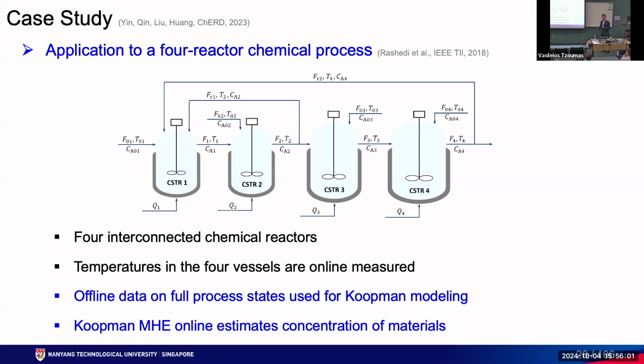We can use a lab analyzer, get a sample, and send it back to the lab. It can take 30 minutes to 2 hours, depending on the nature of the substances we're analyzing. But online measurement is not possible, but we can measure the temperatures always. So the idea here is to use temperature measurement to reconstruct all the system states, especially the concentrations in the 4 reactors.